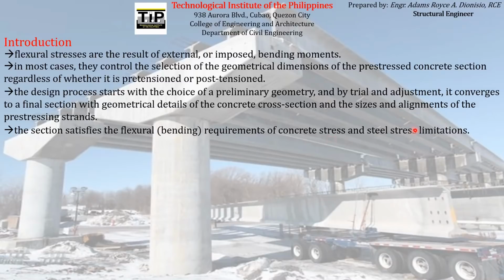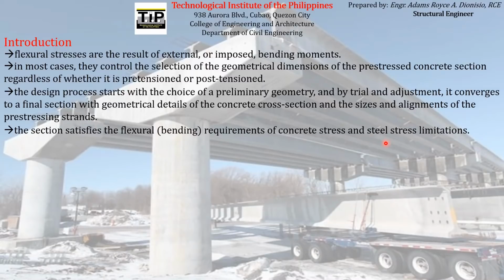steel stress limitations, because as you can remember from our previous discussions, the code specifies a certain magnitude of concrete stress and steel stress that it permits to be experienced by the concrete and steel reinforcements respectively. The reason for that is because the code doesn't want the materials, the concrete and the steel, to experience overstressing.